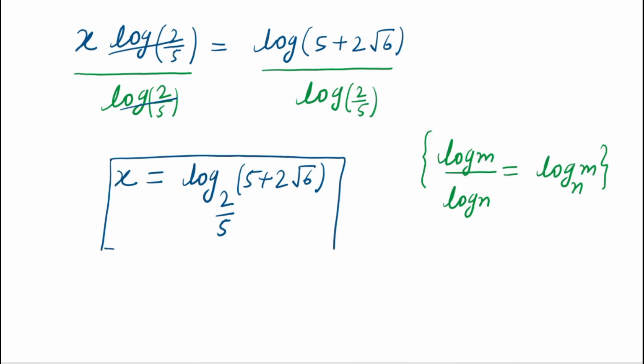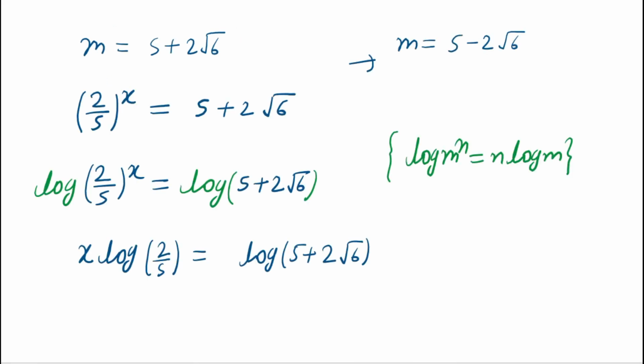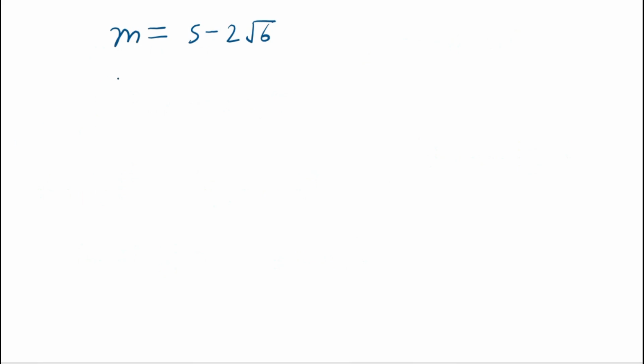Now solve this case. m is equal to 5 minus 2 times square root of 6. We know that the value of m is (2/5) to the power x, and this is equal to 5 minus 2 times square root of 6.